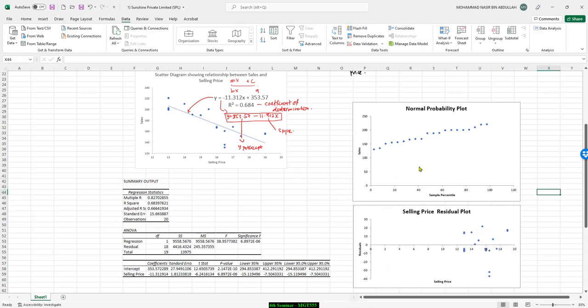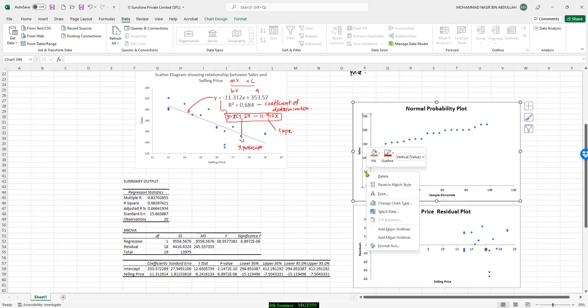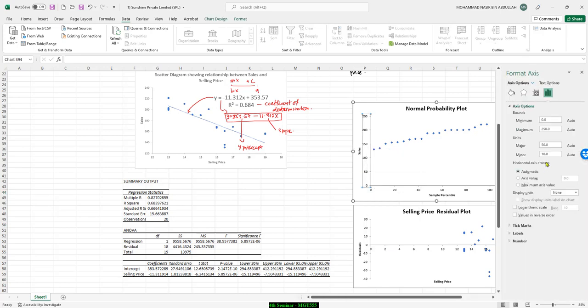Dekat sini kalau kita nampak, right, plot ni sama juga, dia tak fully utilized kan. Kita right click, format axis, let's say from 100 lah, from 100 to 240, right? So kita nampak dia fully utilized sikit lah, ataupun kita boleh letak dia pada 120 to 240, right?